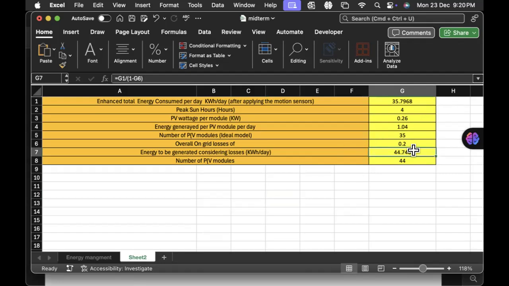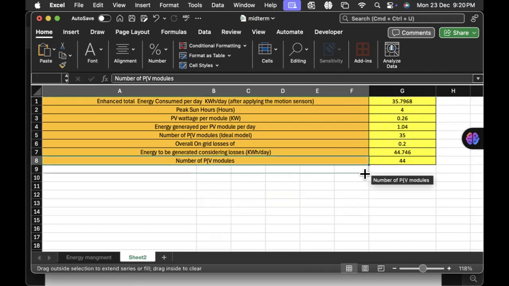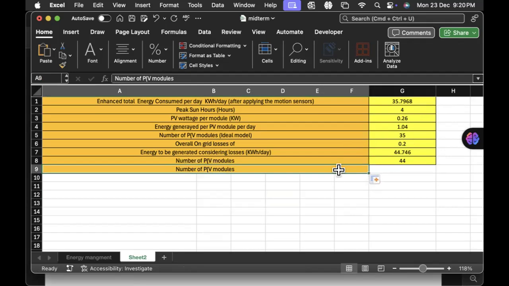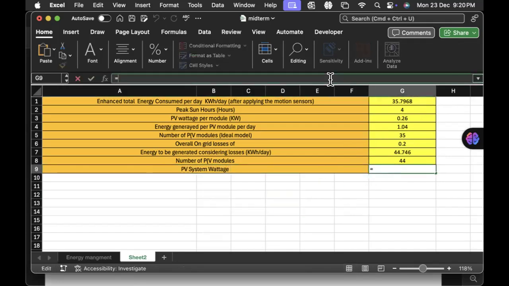Let's now calculate the wattage of the system. We can calculate it very simply because we are using 44 modules, each of 0.26 kilowatts. So our system is an 11.44 kilowatt PV system.